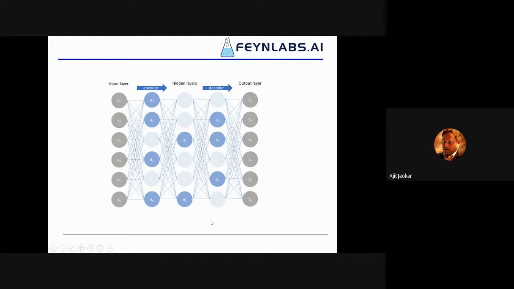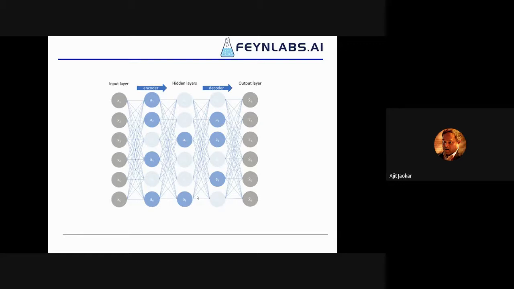You remove some of the neurons, and this is what you end up working with in a sparse autoencoder. A sparse autoencoder also achieves the same concept.